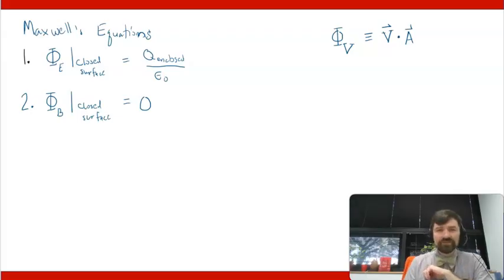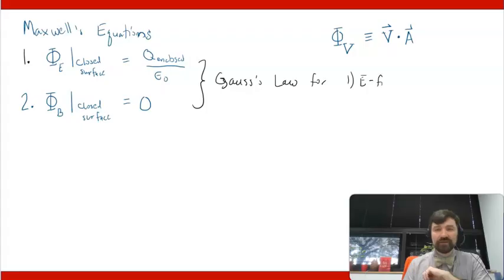So these both are what we would call Gauss's laws for E field and for B field, electric field and magnetic field.